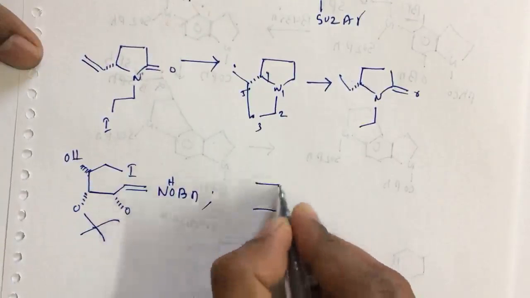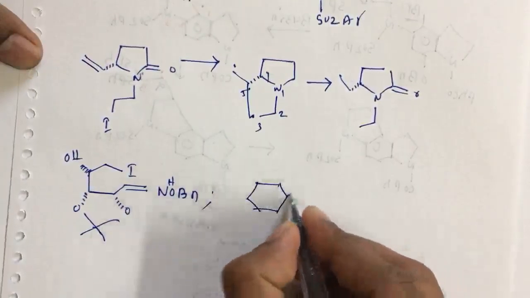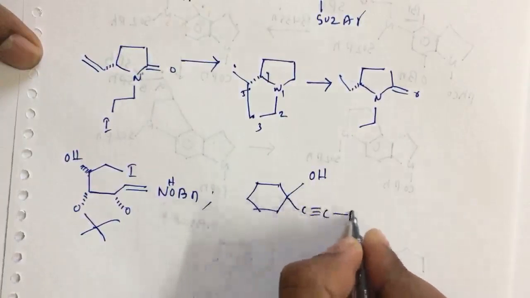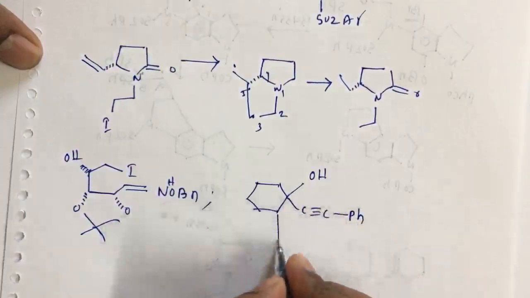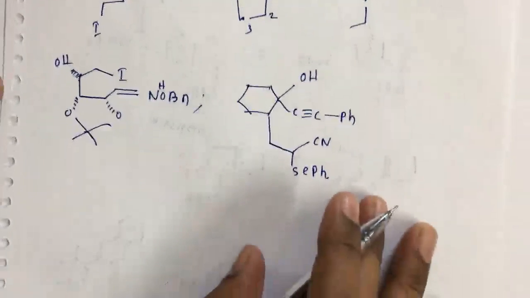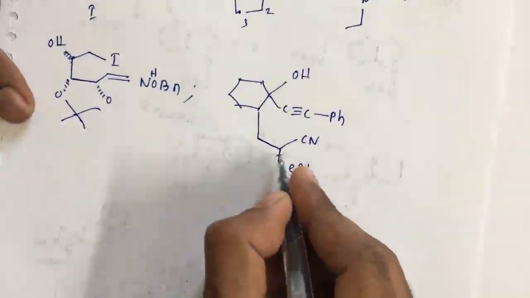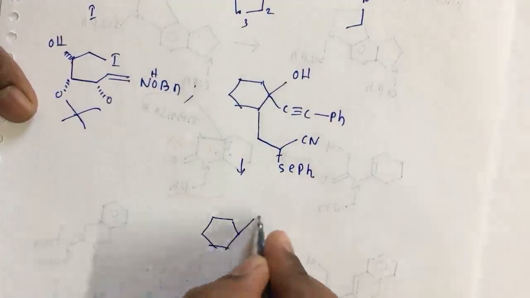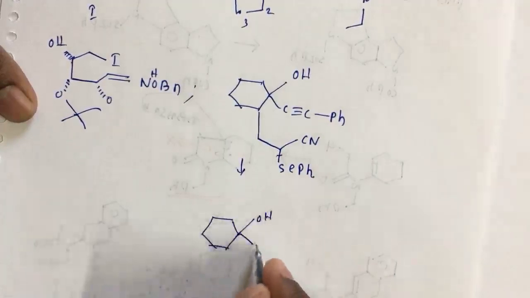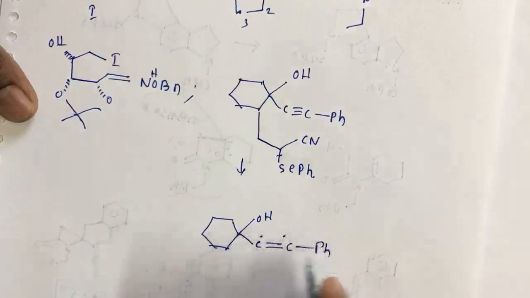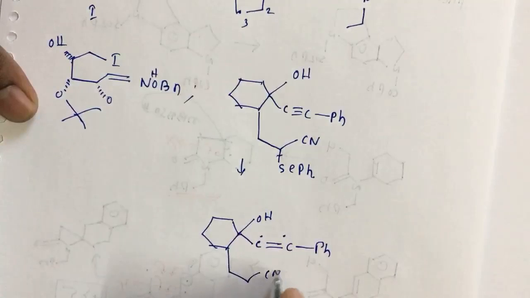And also one more. In this example, what will happen is this breaks, a free radical forms here, here also a radical comes, here radicals.